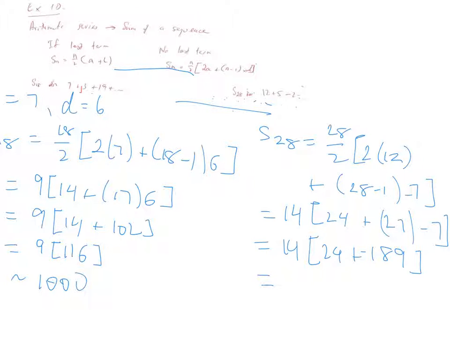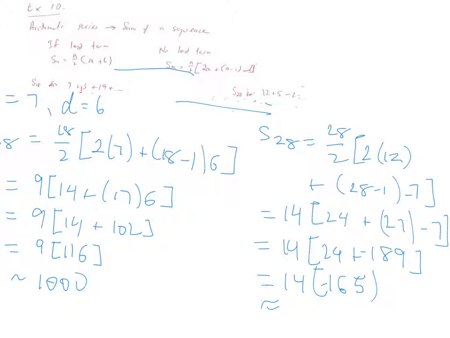So 24 minus 189, we end up with negative 165. So 14 times negative 165, and we end up with another large negative number.